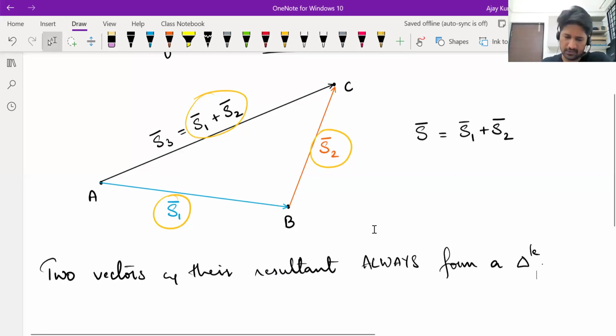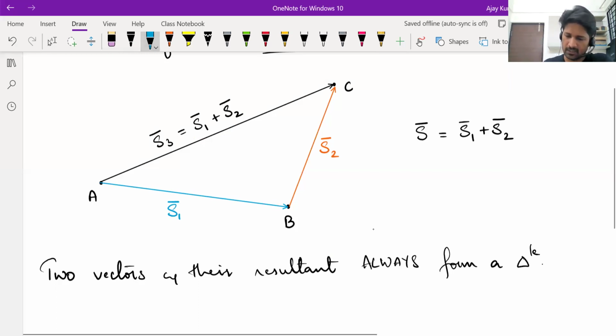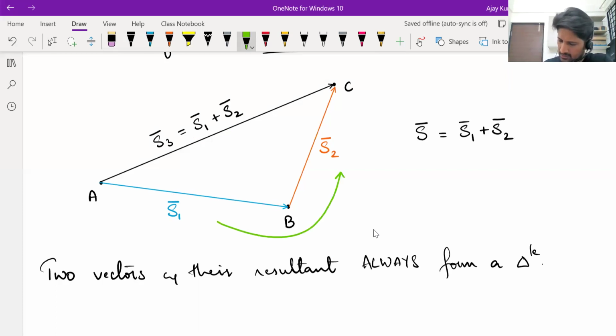Now, if you observe the first two vectors, S1 and S2, which we took as the two displacements, the tail of S2 is at the head of S1. So if you go along the first vector and then turn in the direction of the second vector, you will get a particular order. S1 and S2 are following this order, or they are placed in order.